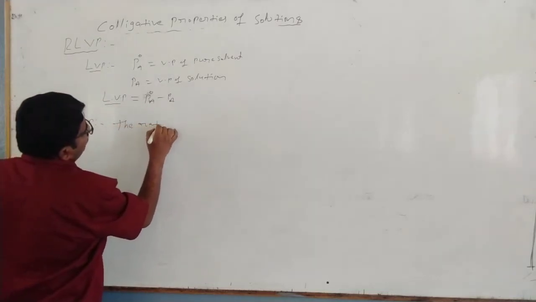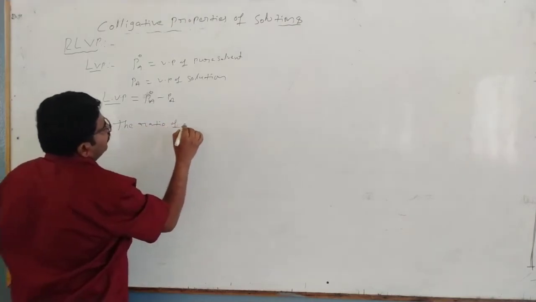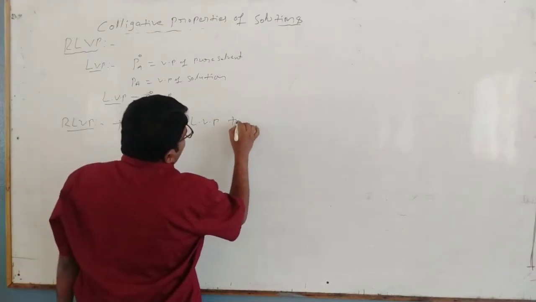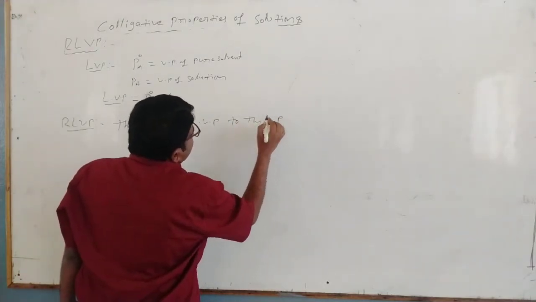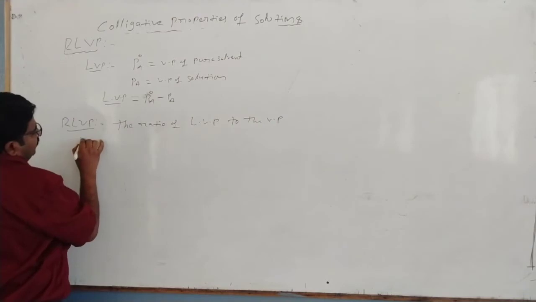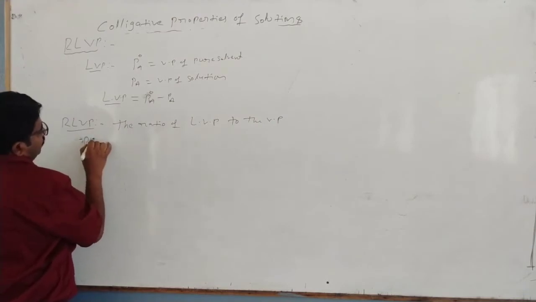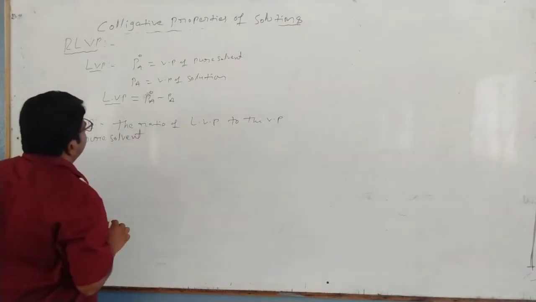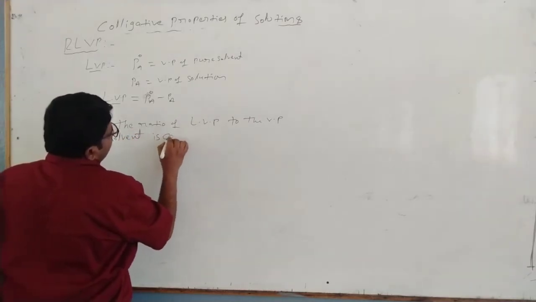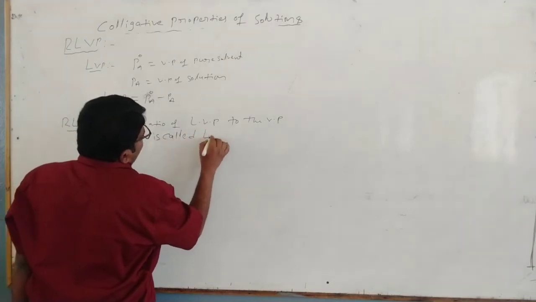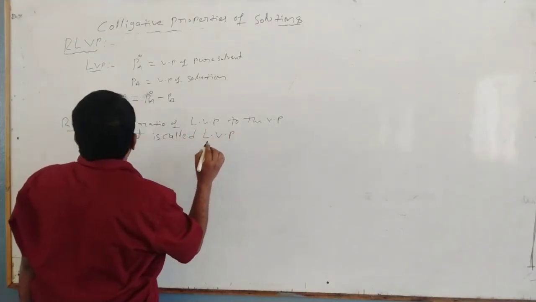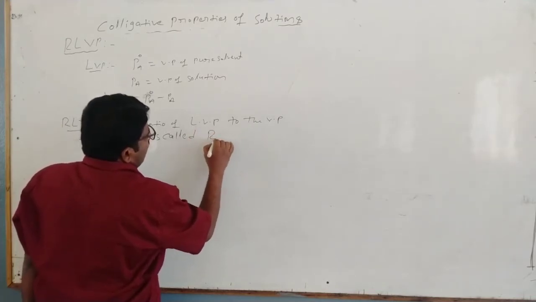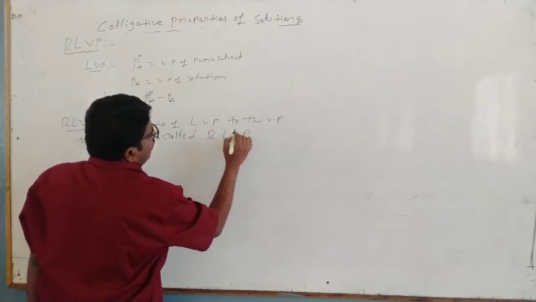Lowering of vapor pressure is called LVP. The ratio of lowering of vapor pressure to the vapor pressure of pure solvent is called RLVP.